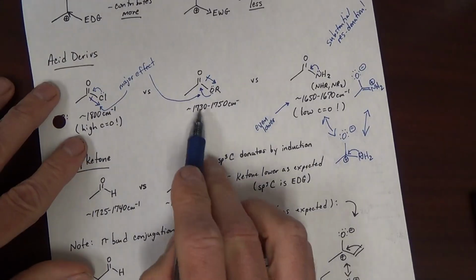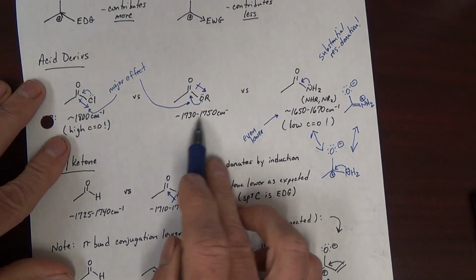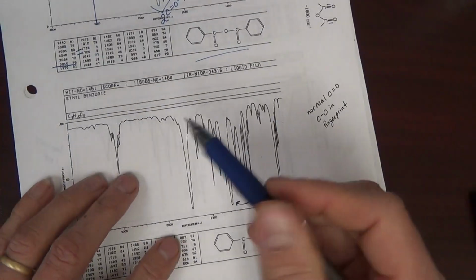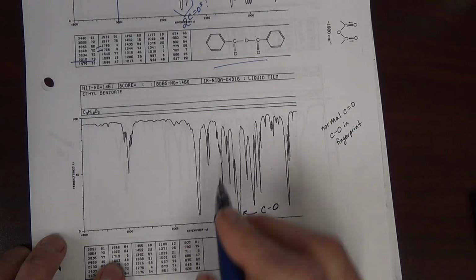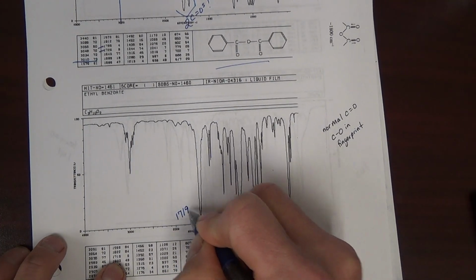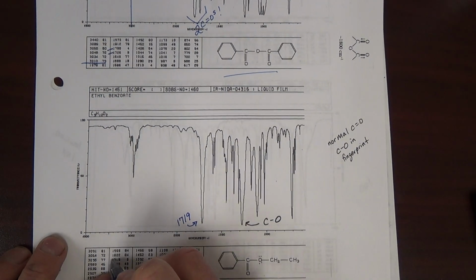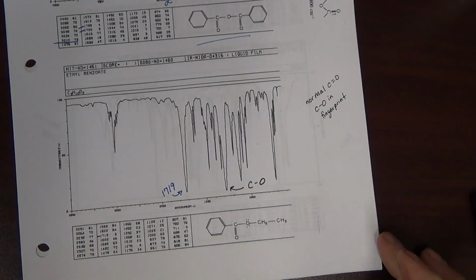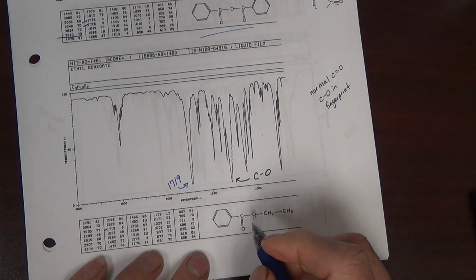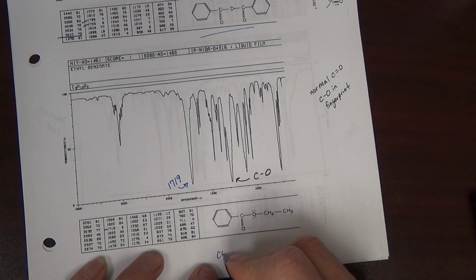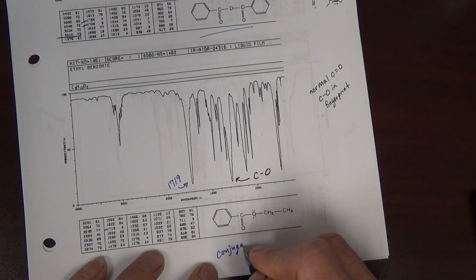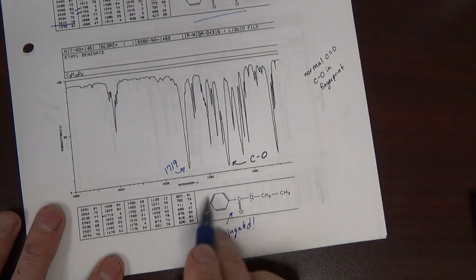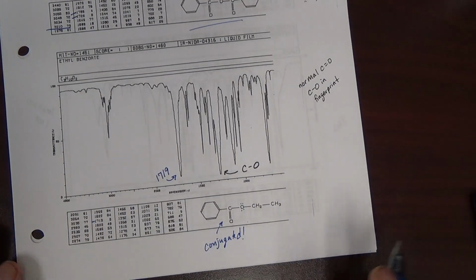We expected mid-range to a touch high, 1730, 1750. This carbonyl is 1719, looks like. So it's a little lower than what was stated on the previous page because it's conjugated over here on the other side.